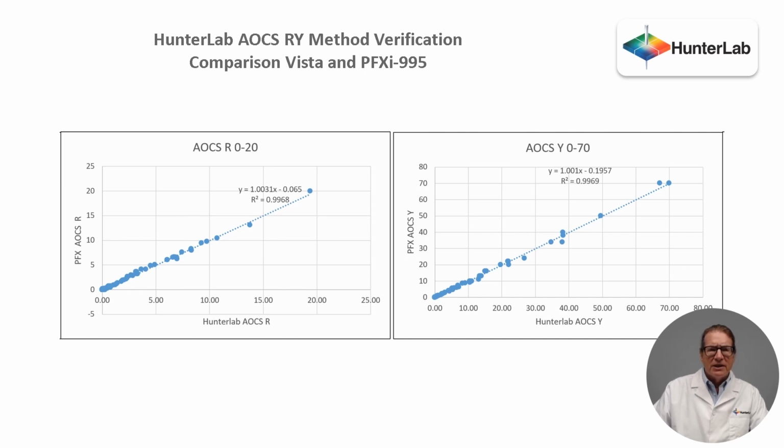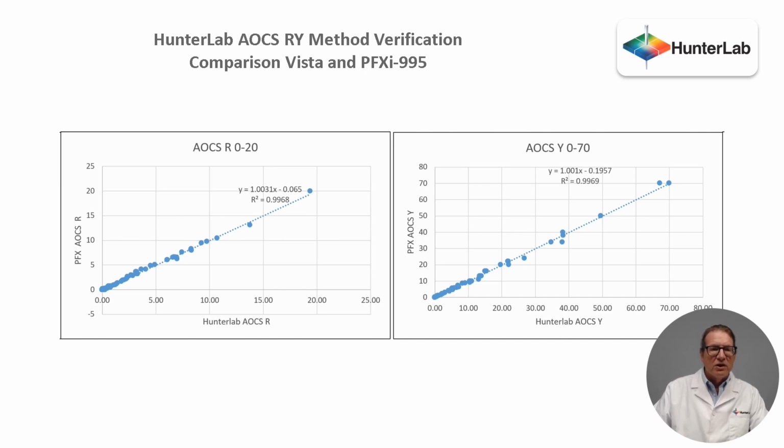HunterLab has conducted studies similar to what's outlined in method 13J, where identical samples were measured both in a colorimeter, the PFXI 995, using a 5 1/4 inch cell, and a spectrophotometer, the HunterLab Vista, using a 10 millimeter path length cell.